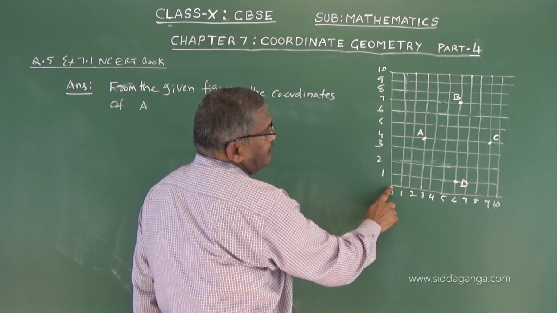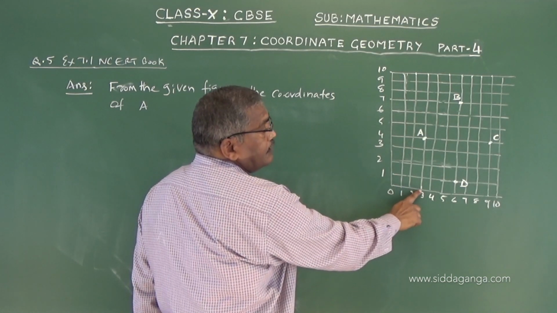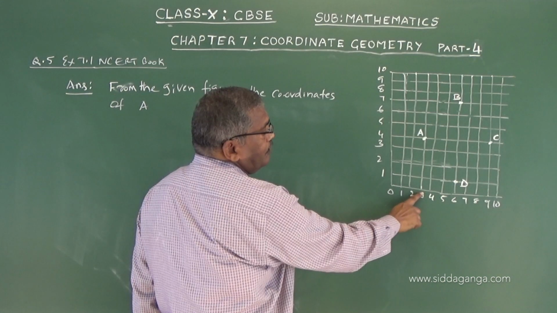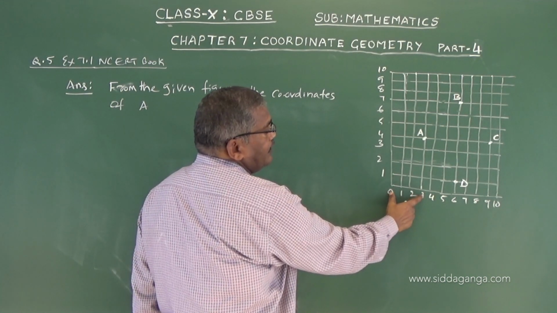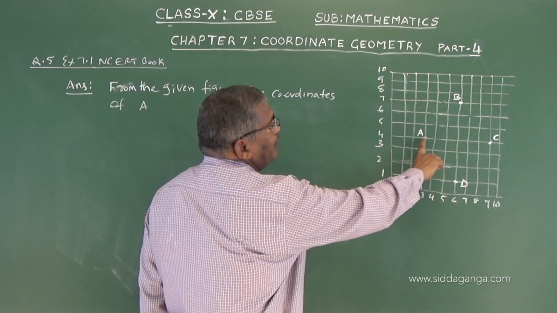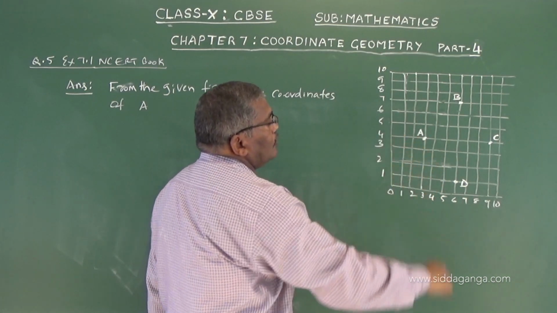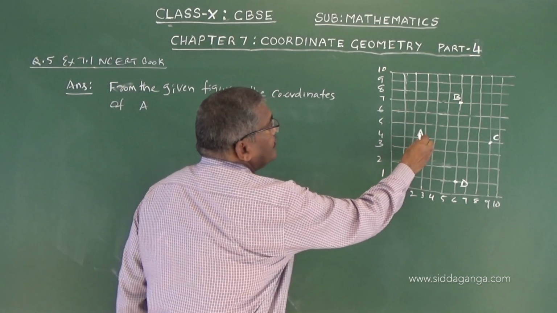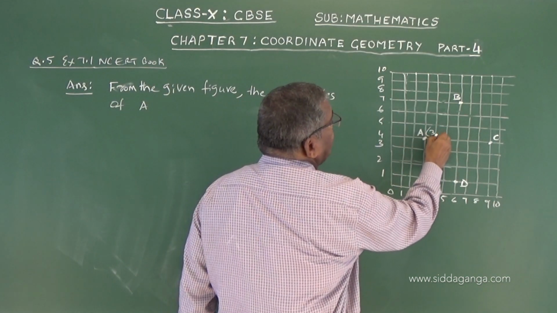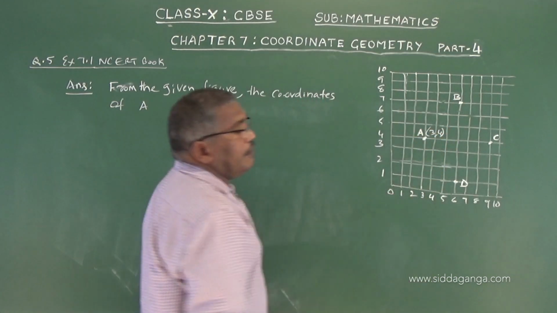From here it is at the third point, so 3. So 3 is the abscissa and vertically it is 4 points above, so 4 is the ordinate. Therefore (3, 4) is the coordinate of this point.